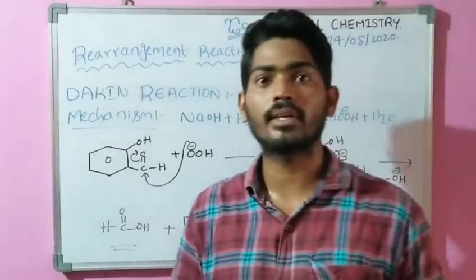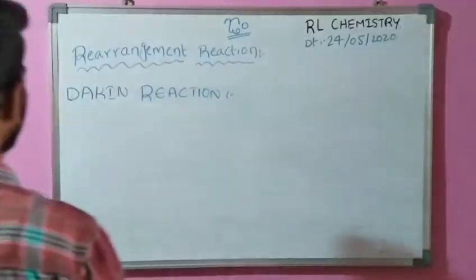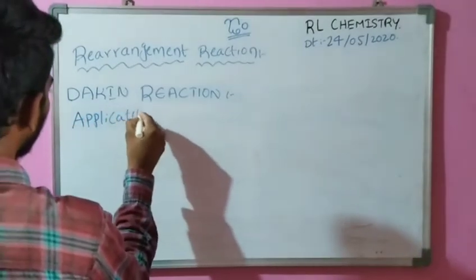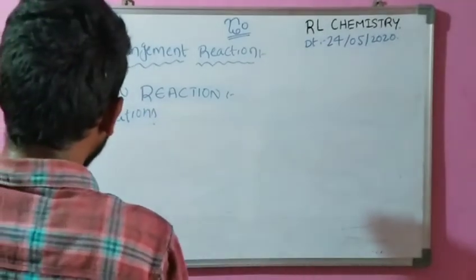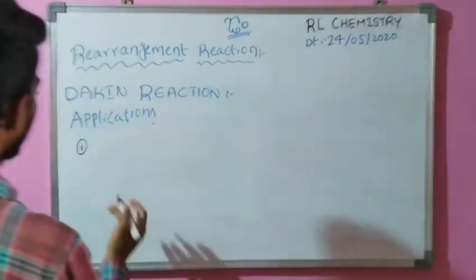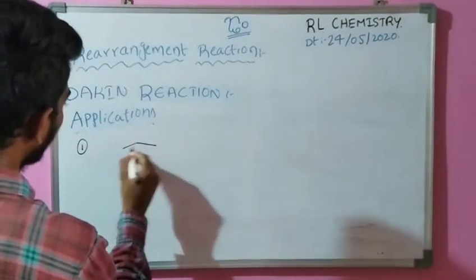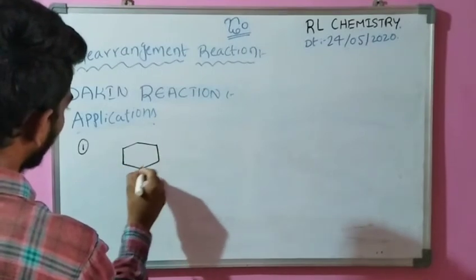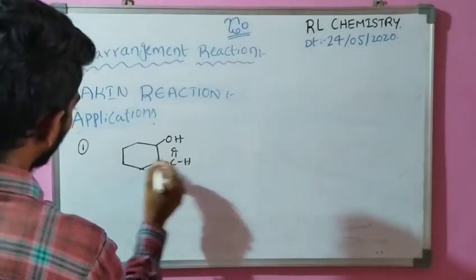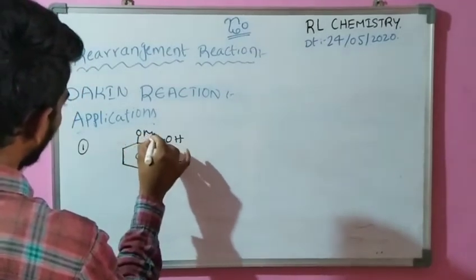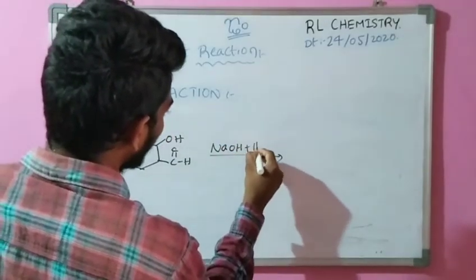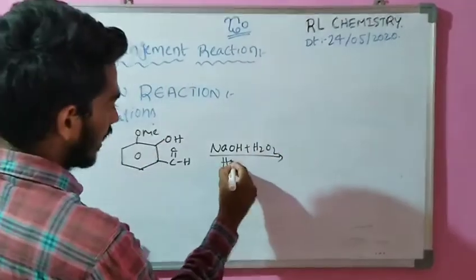Now we come to the applications of this Dakin reaction. In the first application, we take a substituted benzaldehyde group. The substituent is a methoxy group, and in the presence of sodium hydroxide and hydrogen peroxide, it undergoes hydrolysis.